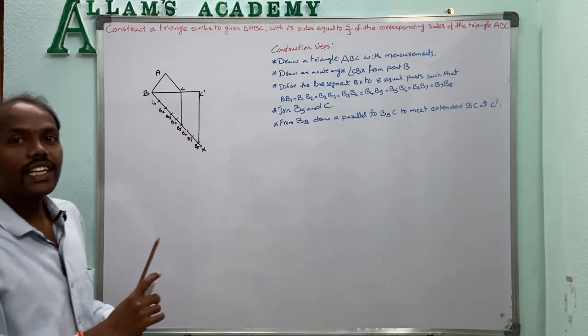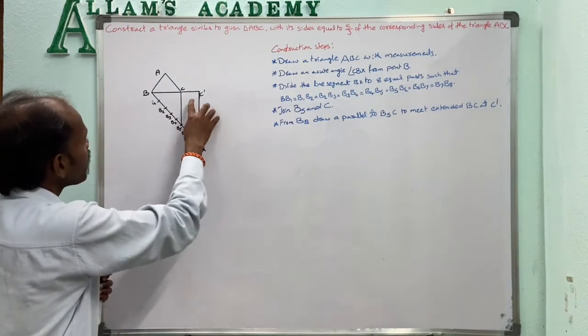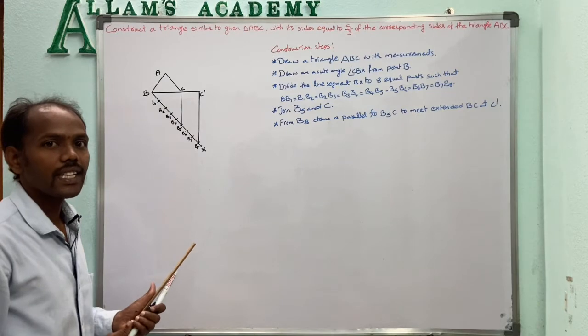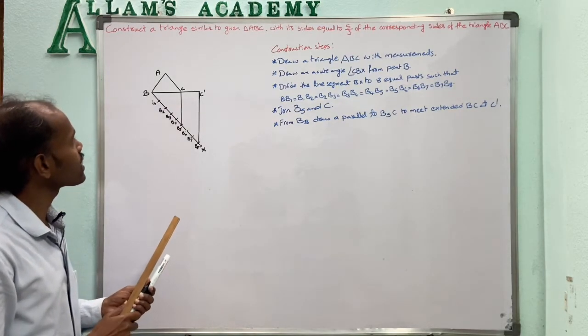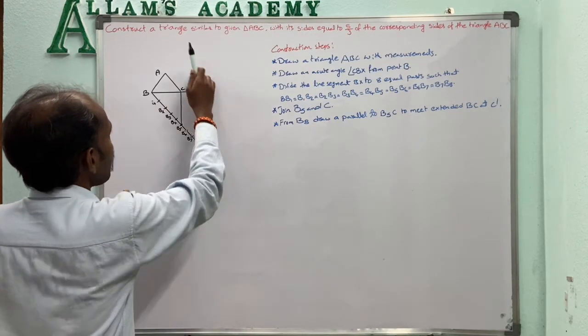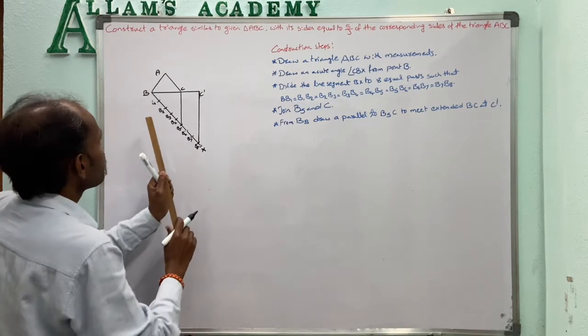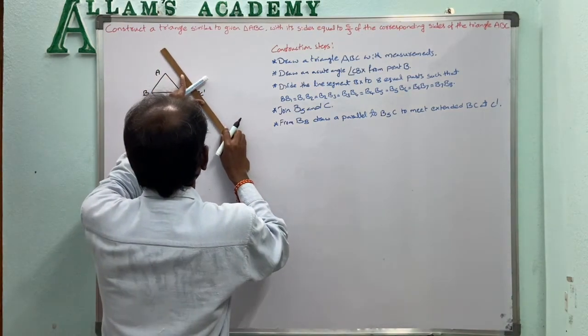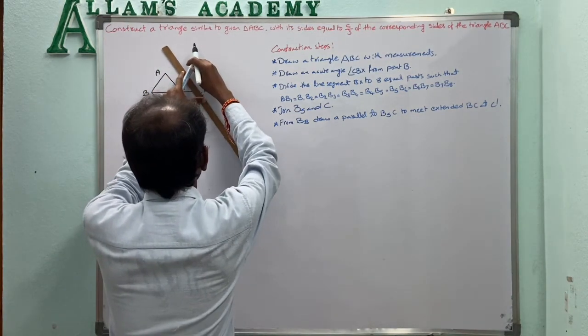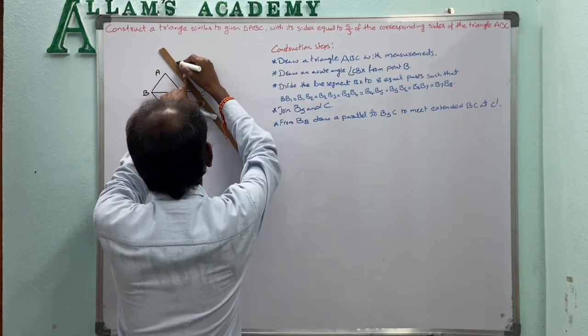So we need a triangle similar to ABC. So here one side BC dash came. Now for another side, from C dash we draw a parallel line to this CA. So now by using a set square again we draw a parallel line.